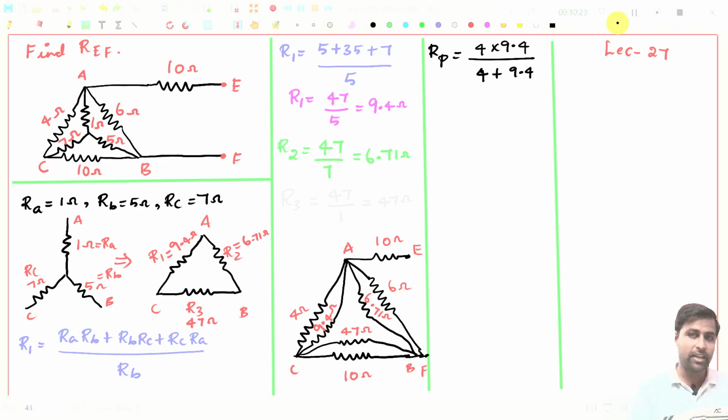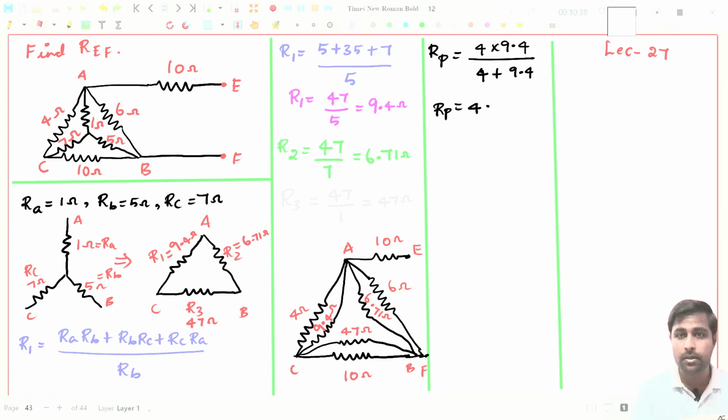If you simplify this, this RP becomes 2.80 ohms, right? So this is the first thing.